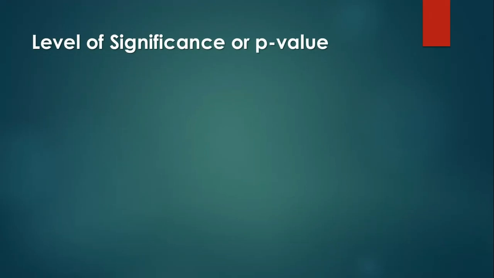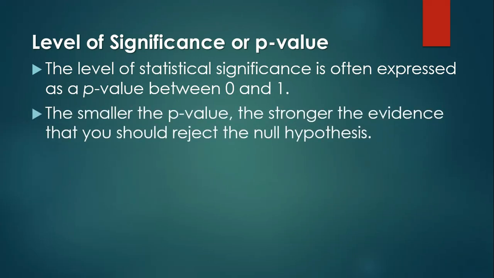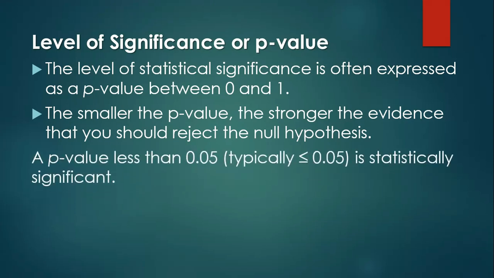Next, we will see level of significance or p-value. The level of statistical significance is often expressed as a p-value between 0 and 1. The smaller the p-value, the stronger the evidence that you should reject the null hypothesis. A p-value less than 0.05 is statistically significant.